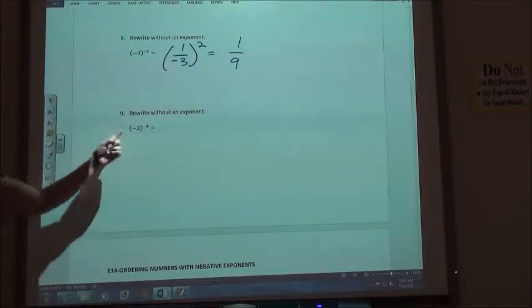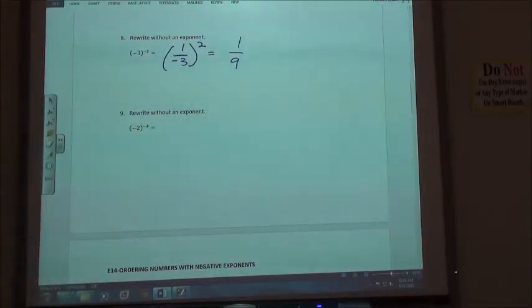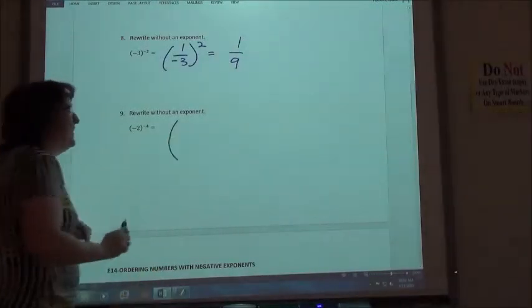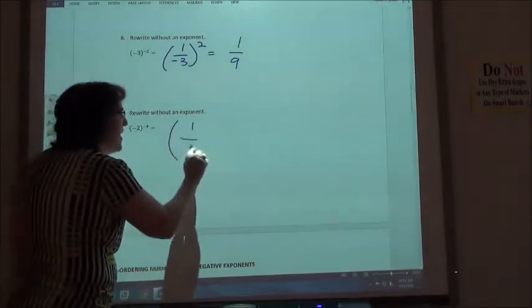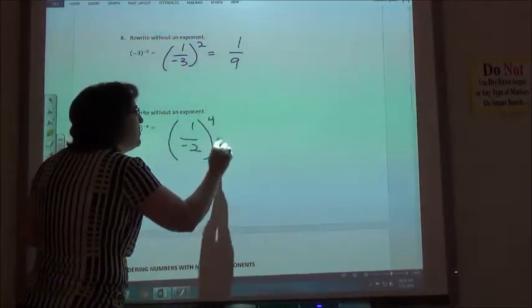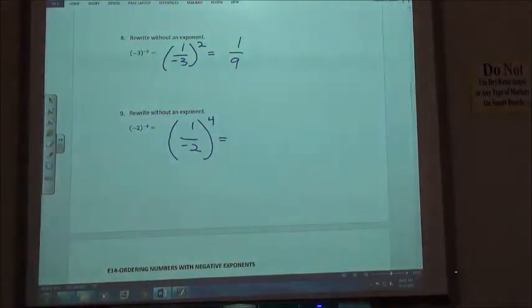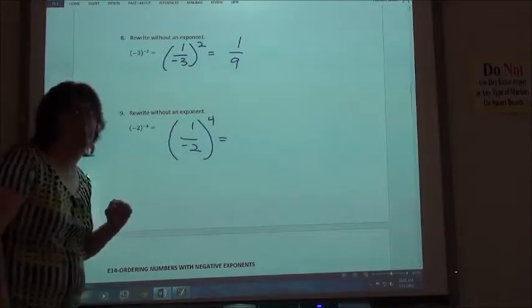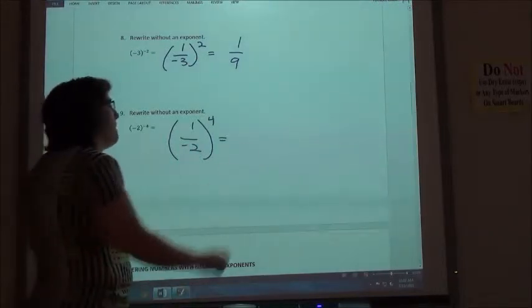So number 9, again I have that negative exponent, so I'm going to do the reciprocal of negative 2, which would be 1 over negative 2, and then I'm going to raise it to the 4th power. So I would get 1 over negative 16.